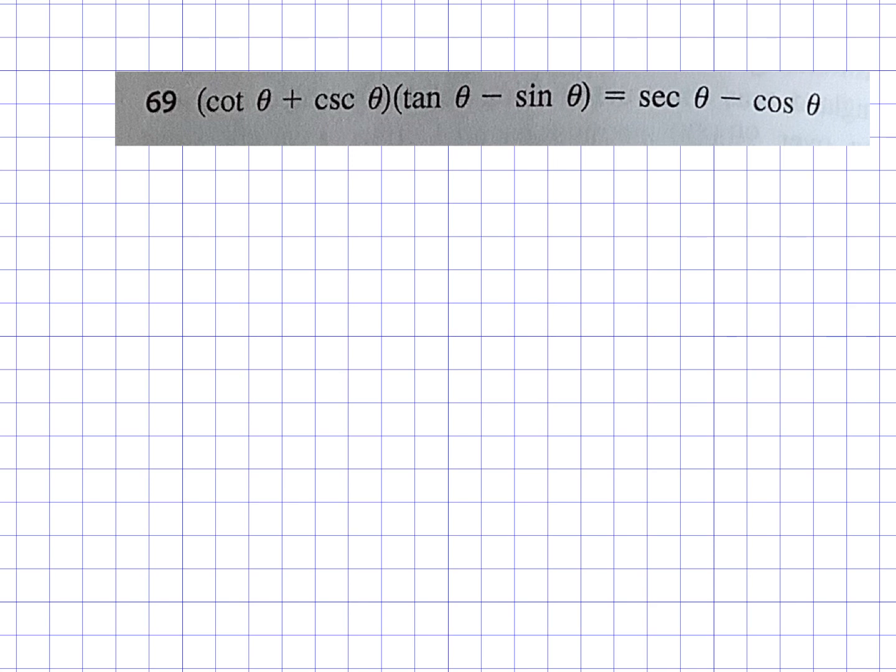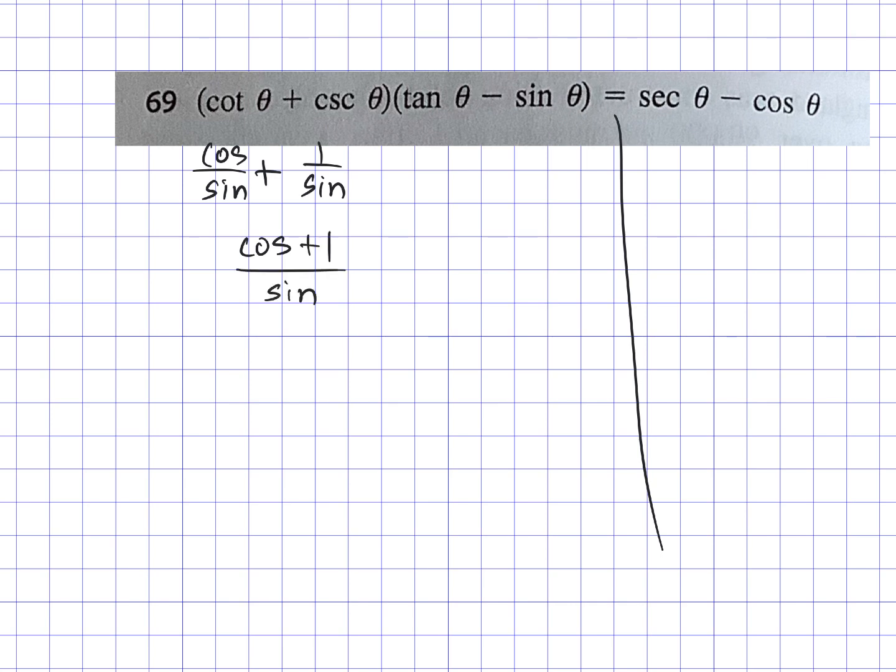All right. Cotangent, let's just change all these to the reciprocal identities on the left side and see what we get. Cosine over sine. Cosecant goes with sine. So this is cosine plus 1 over sine. And the tangent is sine over cosine minus the sine. And we need a common denominator, so multiply by cosine.